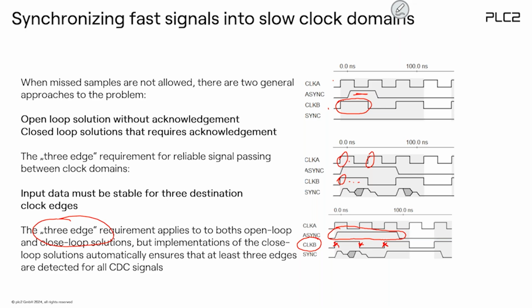If you make sure you do the C edge requirement, it will always work if you go from fast to slow. Okay, so this means sometimes it's not enough just to generate a pulse based on the sourcing frequency. No, you maybe have to stretch the signal. You can simply use a shift register for stretching the signal, or a counter or something like this.